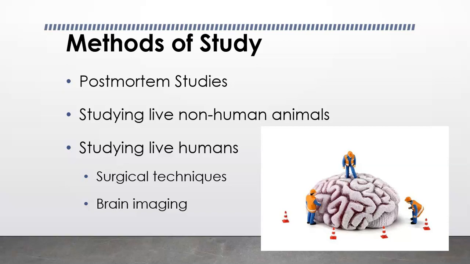The second type of study is studying live non-human animals. This would be usually what we think of when we talk about animal studies. We're talking about doing some sort of methods that can include lesion study, where you go in and remove part of the brain. We can do some genetic manipulation in animals.